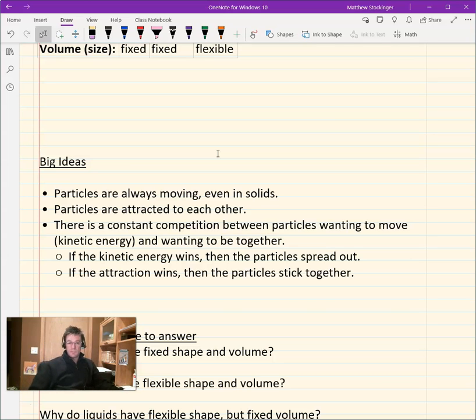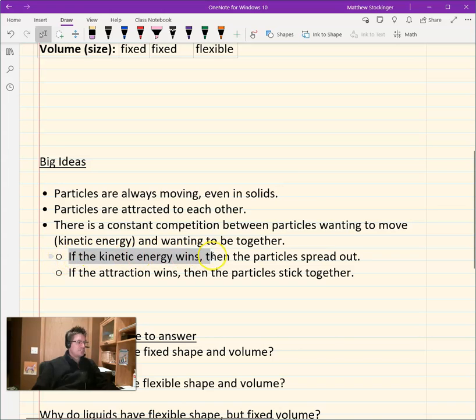Some substances pull more than others, but all the particles in every substance are at least a little bit attracted to each other. So there's this constant competition between those two things. The movement of the particles, the kinetic energy, is the thing that's telling them to move away, to spread out. But the attraction is telling them to get closer together. So there's a competition between these two.